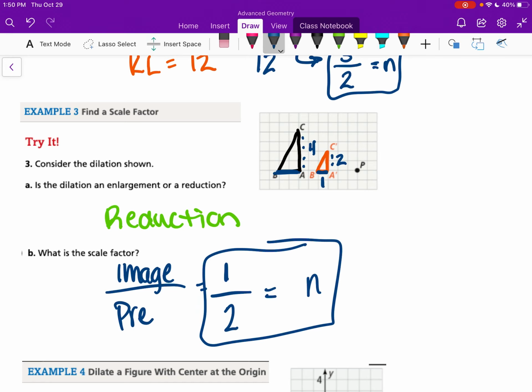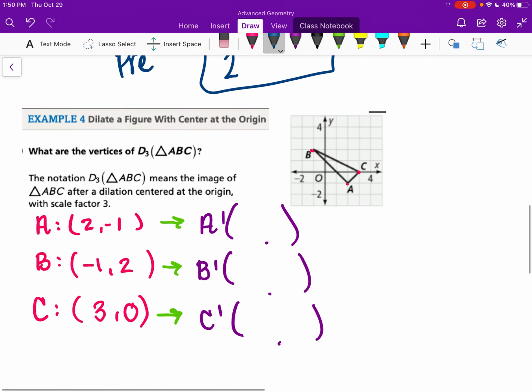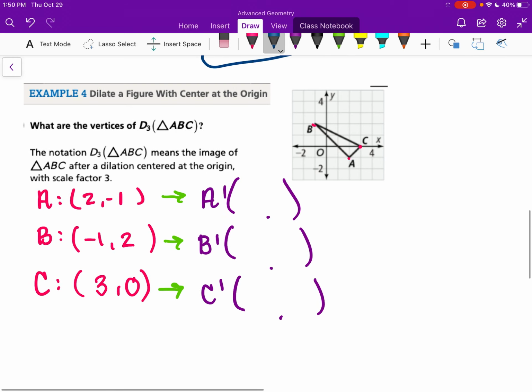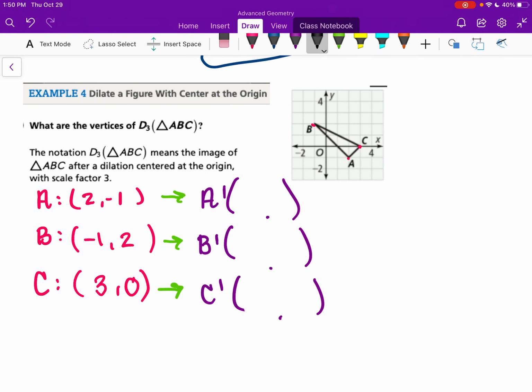Now let's talk about a dilation with the coordinates if our center is at the origin. And this is all about if the center is at the origin. We see the notation, what are the vertices of D sub 3 triangle ABC?